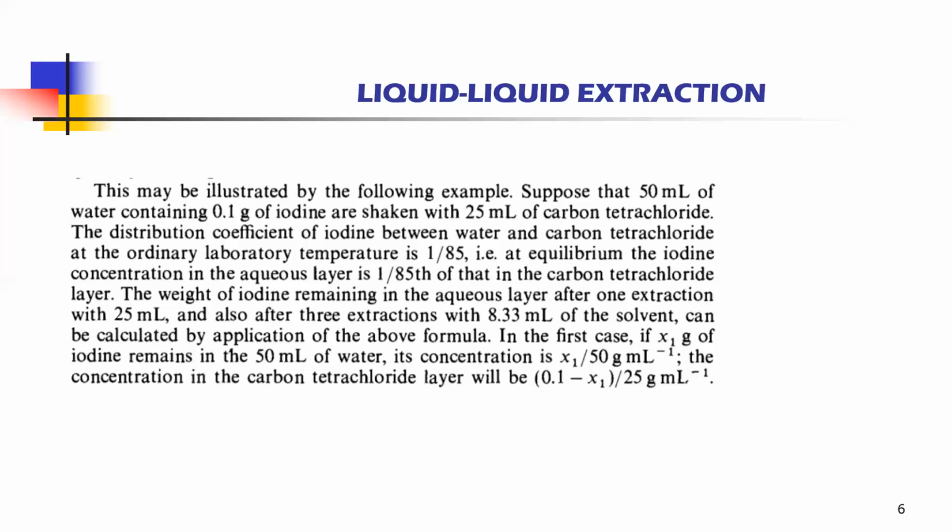The amount in the carbon tetrachloride layer will be 0.1 minus x1. We are extracting 0.1 gram, of which x1 is now left over. So the concentration of iodine in carbon tetrachloride will be 0.1 minus x1 upon 25 grams per milliliter, where 25 ml is the aliquot used for extracting iodine from the aqueous layer.